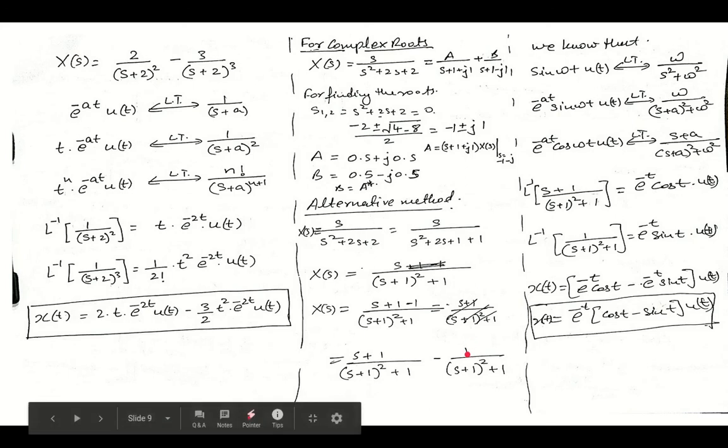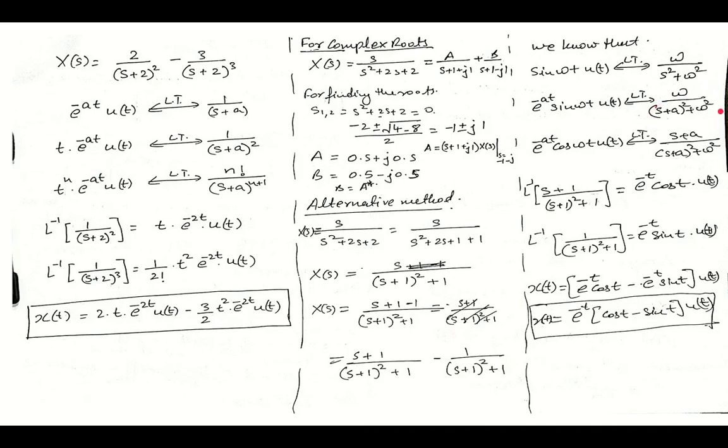Similarly, 1 upon s plus 1 whole square plus 1 resembles the form omega upon s plus a whole square plus omega square. Accordingly, 1 upon s plus 1 whole square plus 1 will be represented as e to the power minus t sin t into ut. So the Laplace inverse of 1 upon s plus 1 whole square plus 1 will be e to the power minus t sin t ut.